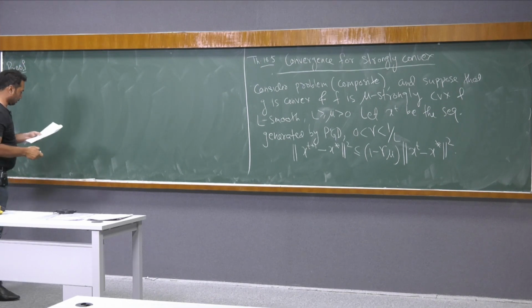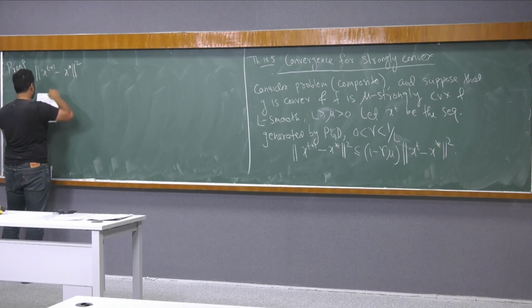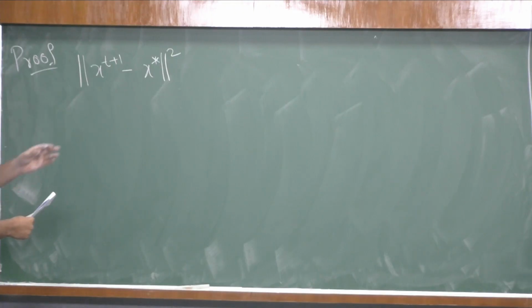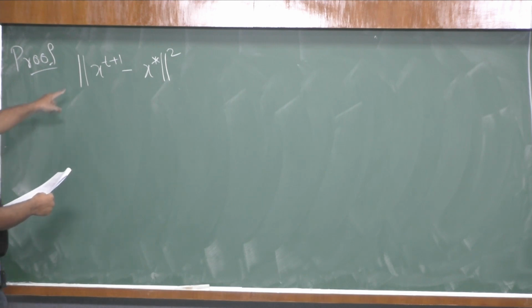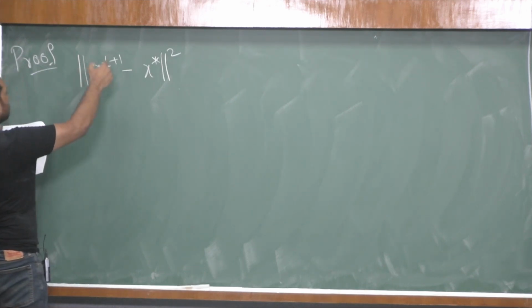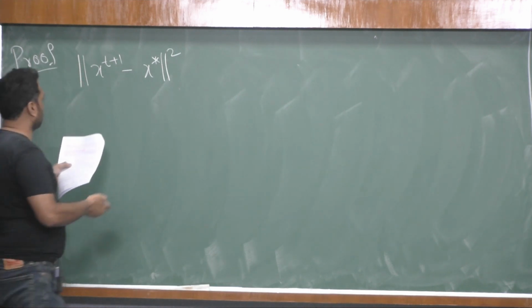So let us look into this xt plus 1 minus x star. Since this is a proximal gradient descent, these iterates are produced by the proximal operator. So xt plus 1 must have been proximal of lambda g applied on xt minus step length gamma grad f of xt.